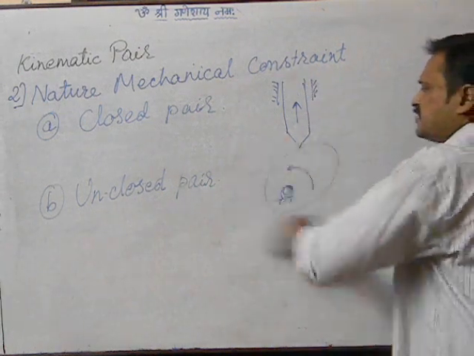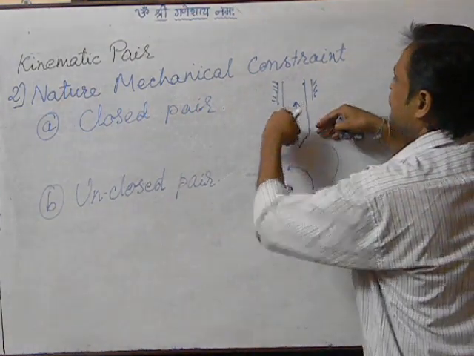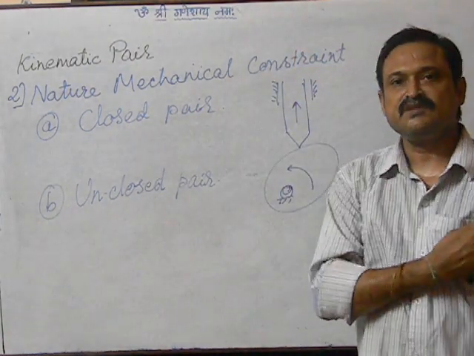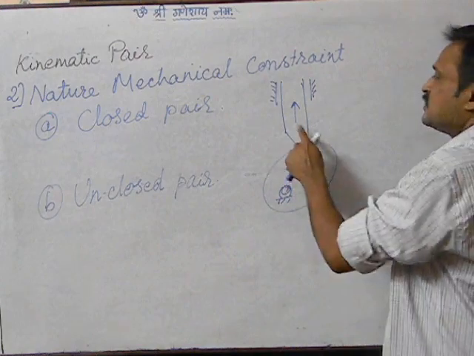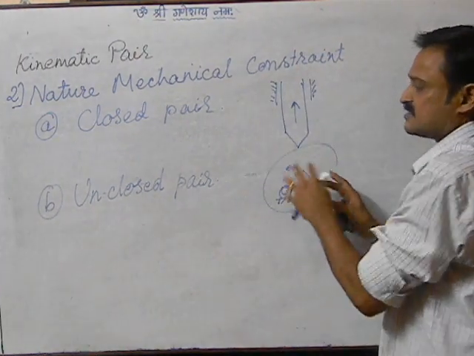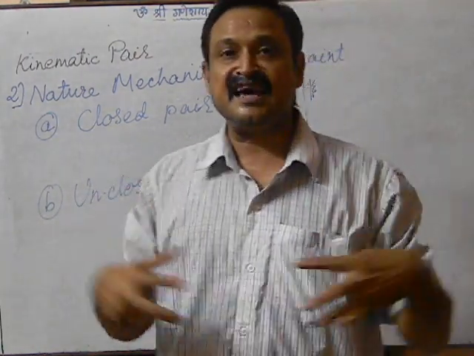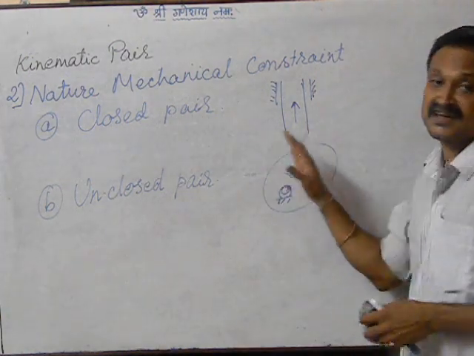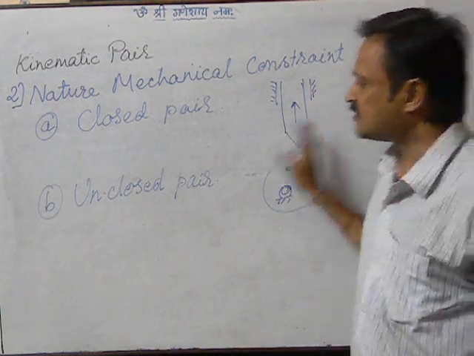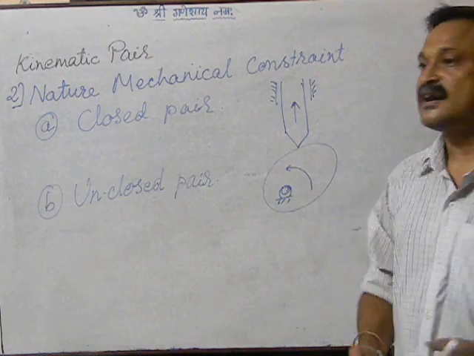Now if I turn it very fast, chances are there that this member is going to fly off, right? In such a case, there is no mechanical constraint provided to this arrangement, this sort of pairing. Such pairs are called unclosed pairs.